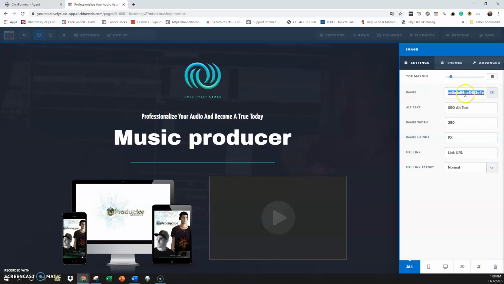It's trying to read this link here, and the image link actually doesn't exist anymore. It only exists right here. Sorry about that. So it only exists right here, and the image only exists here. It's saved into your funnel, right? But on the back end, it seems like you may have deleted it somehow.